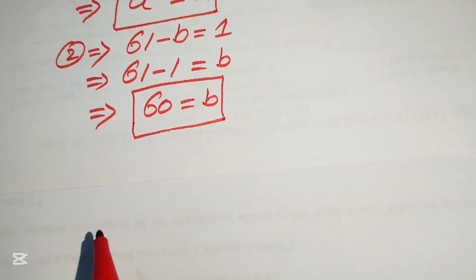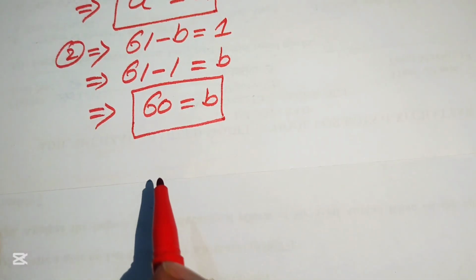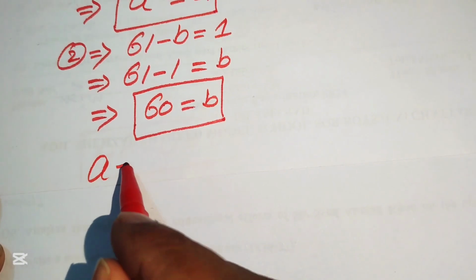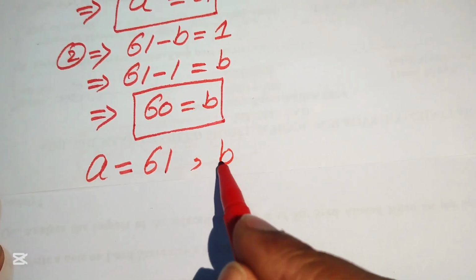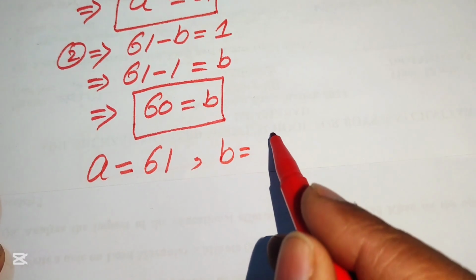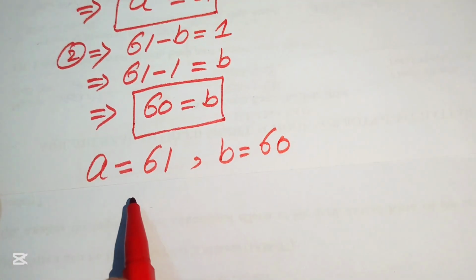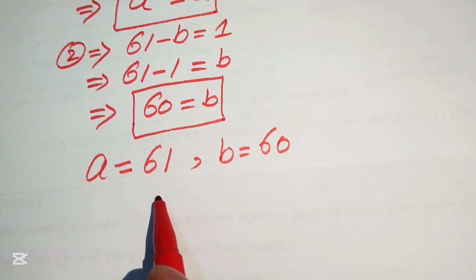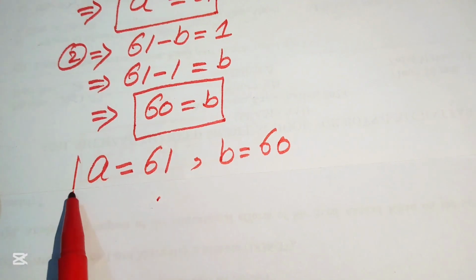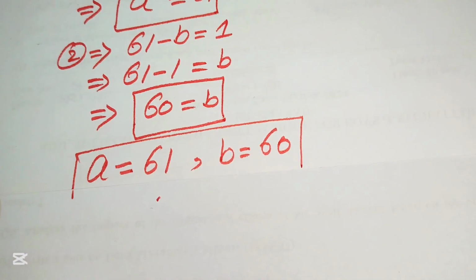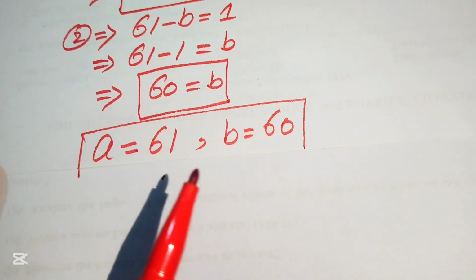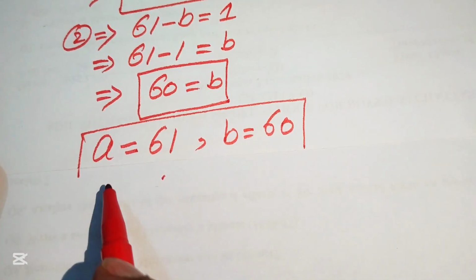So now we have found our first target, which is to find the values of A and B. The value of A equals 61 and the value of B equals 60, and you clearly see both of these values are positive integers. Now our second target is to find the area of the given right triangle.